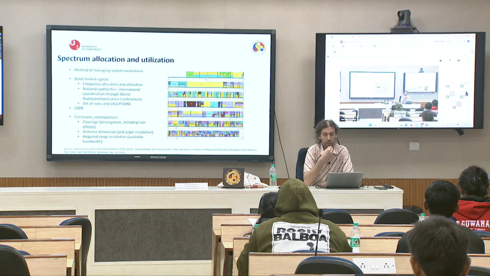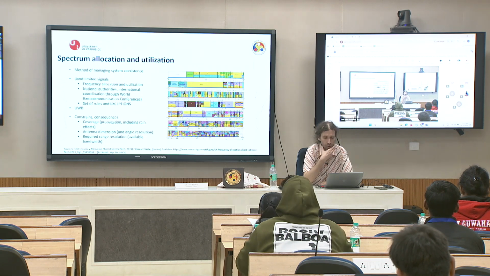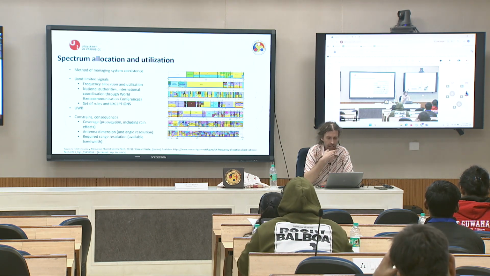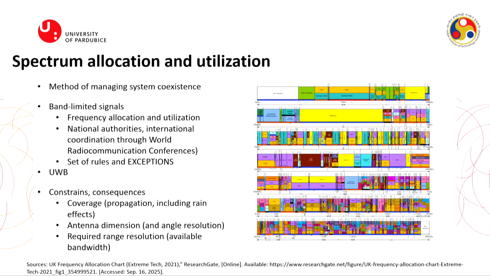And we need to discuss what spectrum allocation and utilization are, because spectrum allocation we need to strictly follow. Why? Imagine that we have DVB-T and you are watching your favorite TV series, and now somebody uses a transmitter on the same frequency, exactly the same as DVB-T.